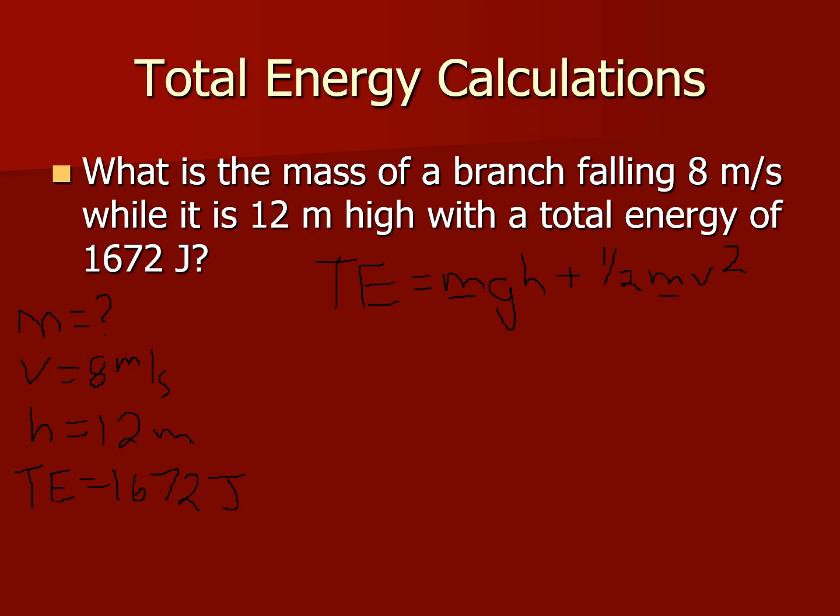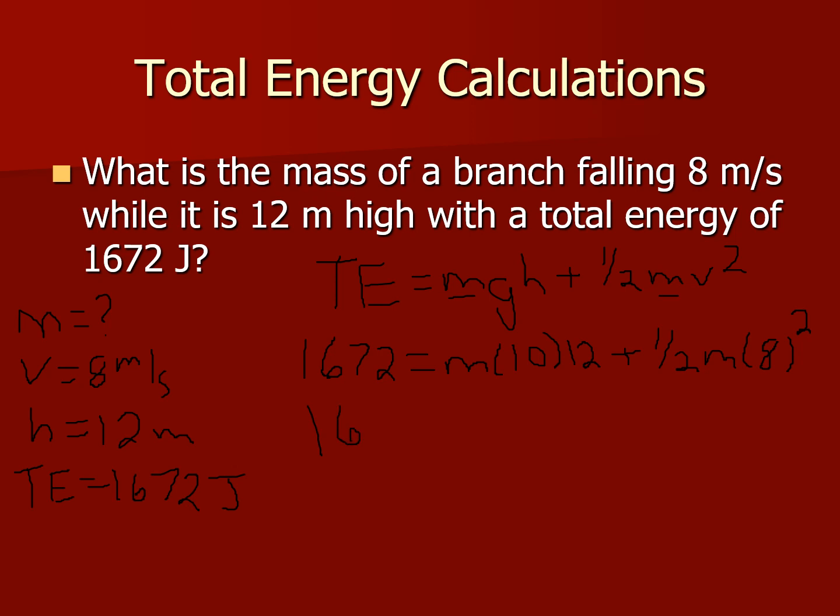So let me just show you how this math is going to work out. 1672 equals m, gravity is 10, height is 12, plus 1/2 m, and then the velocity is 8 squared. Okay, what can we combine?